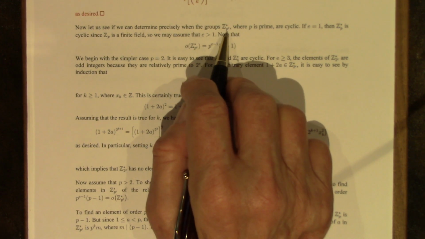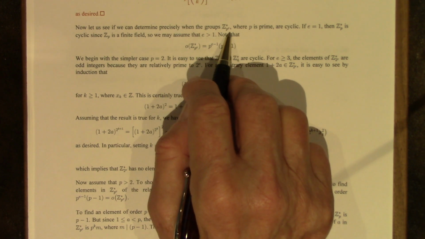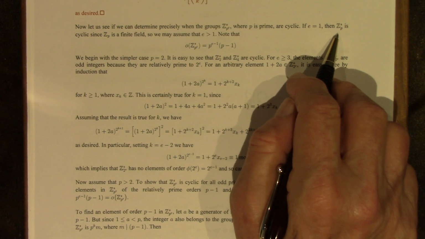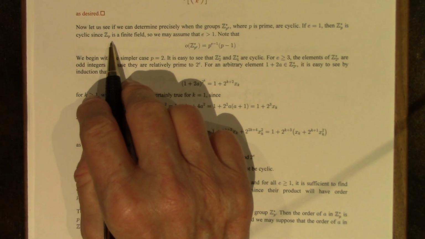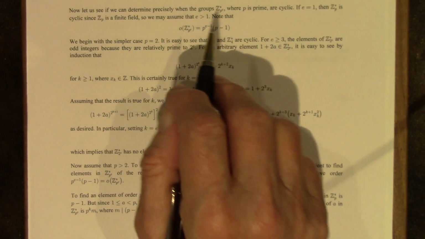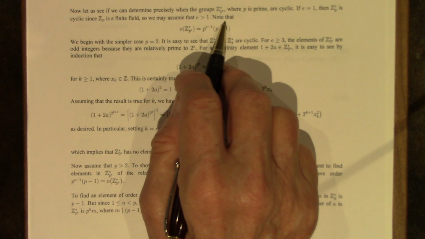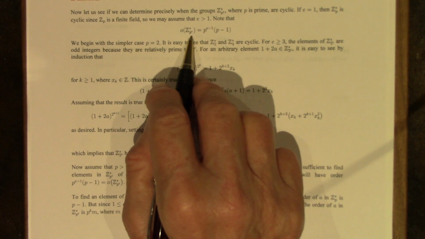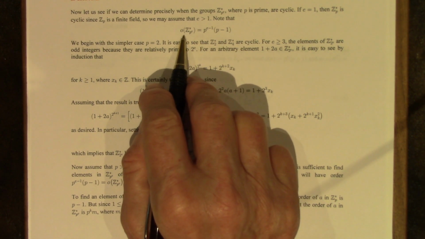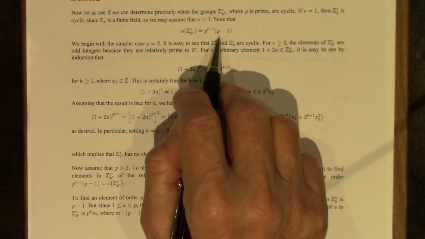We want to determine which of these groups is cyclic. Well, if e equals 1, then it's Z_p star, and we've already seen that is cyclic because Z_p is a finite field. So we can assume e is bigger than 1. And this is the order of this group, Z_{p to the e} star.